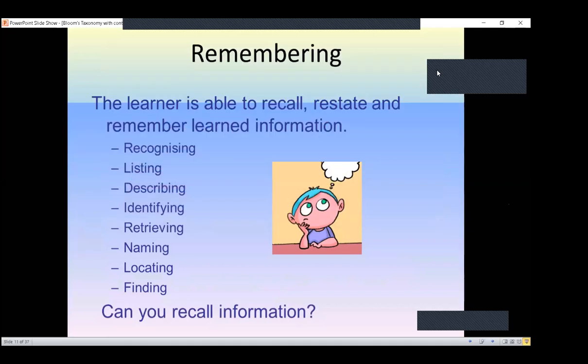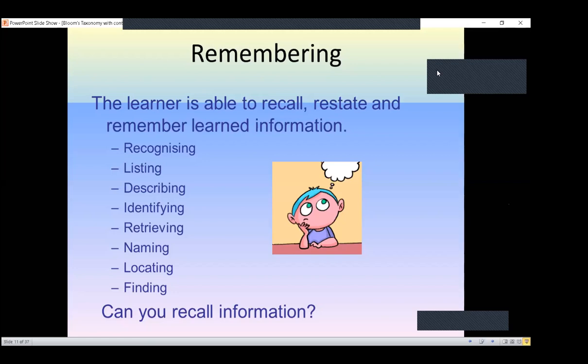So when we are talking about remembering, it means what? Learner is recalling, he's restating, he's remembering whatever information is learned. If you can see the list over here, he's just recalling the information.